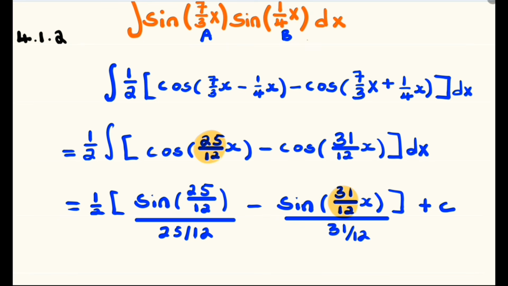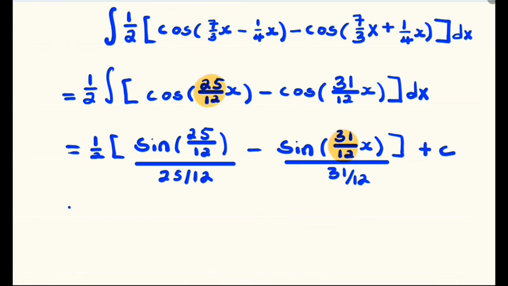We have our constant c. We have half multiplied by, so the 1 on our calculator, 1 divided by 25 divided by 12 will be equal to 12 divided by 25.